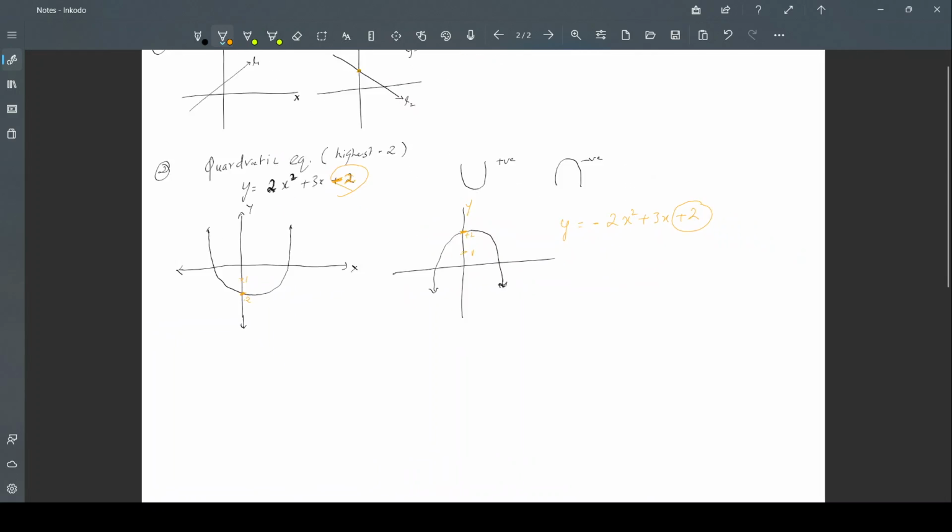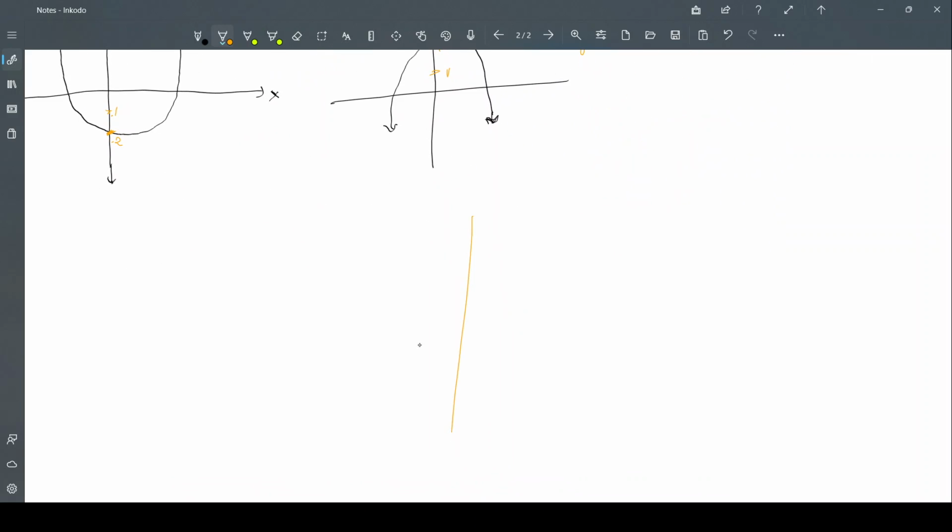So the two things that you should keep in mind: whether the graph is a positive graph or a negative graph, and at what point the graph touches the y-axis. Here the graph touches at negative 1, negative 2.